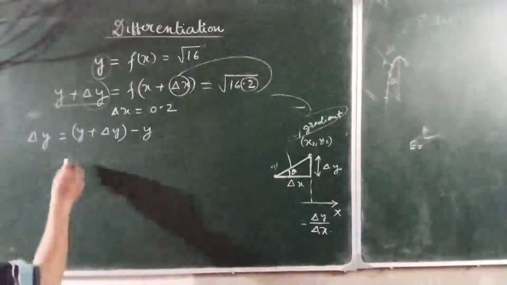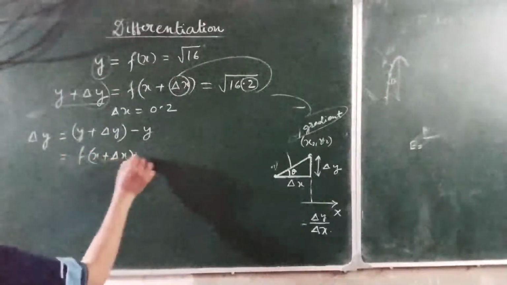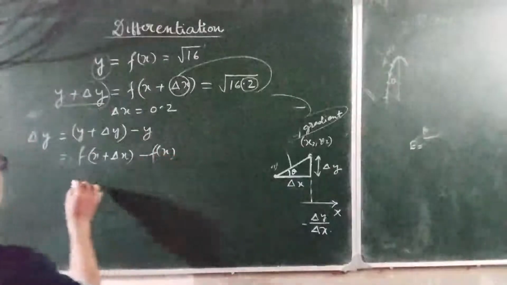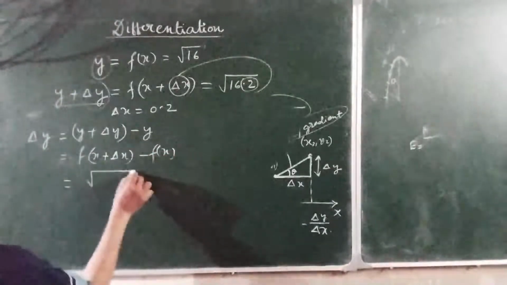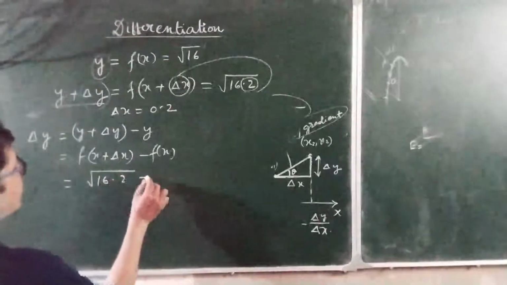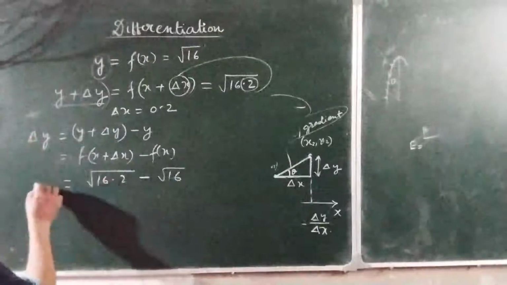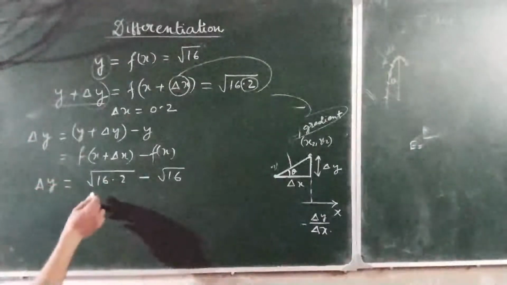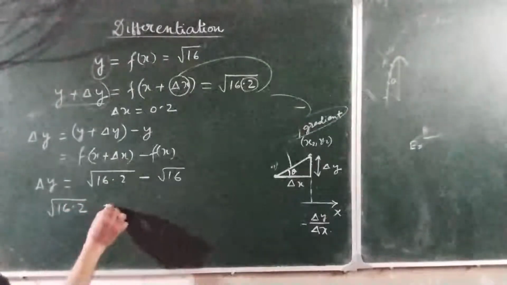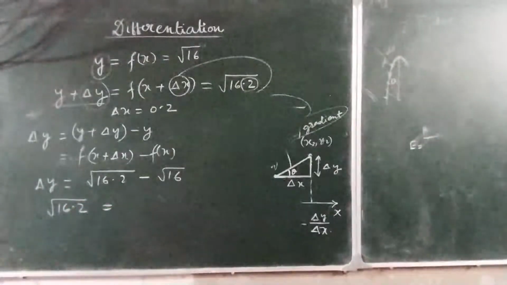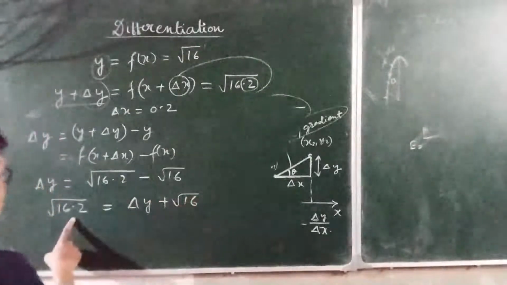That means f(x plus del x) minus f(x). So it will be root over 16.2 minus root over 16. From this equation, if we take root over 16.2 alone on one side, then del y plus root 16 is the value of this.